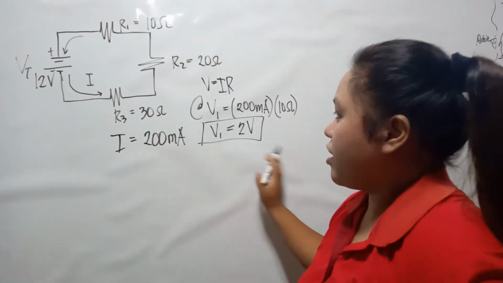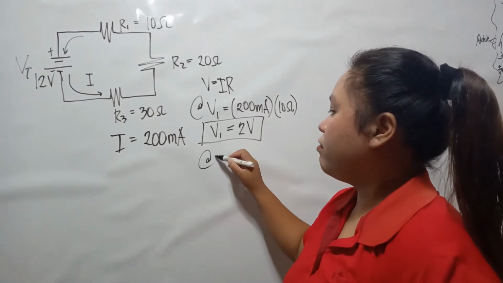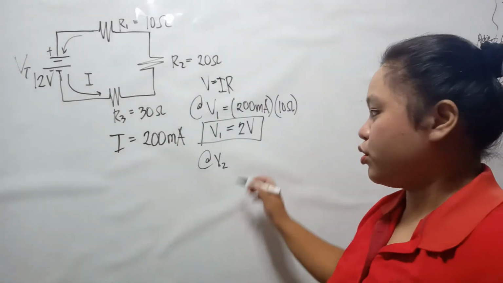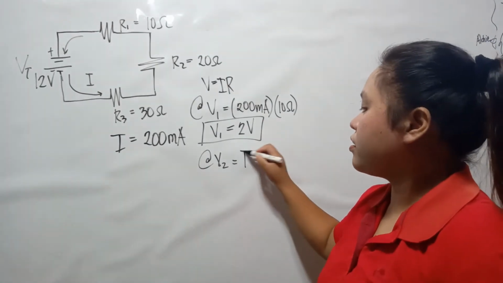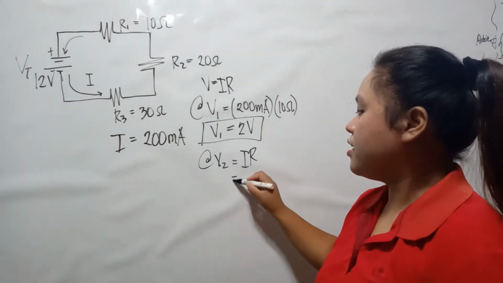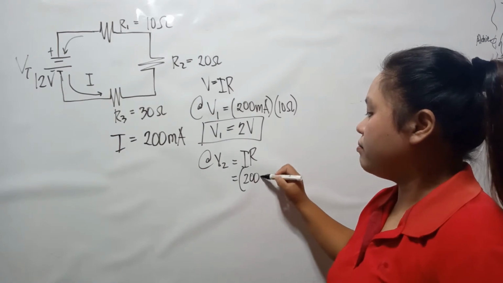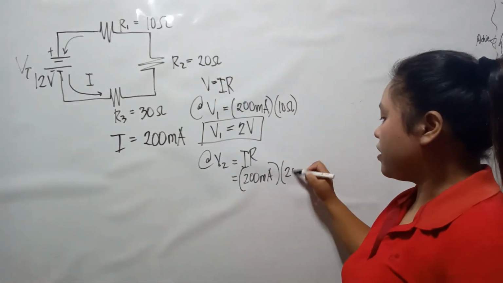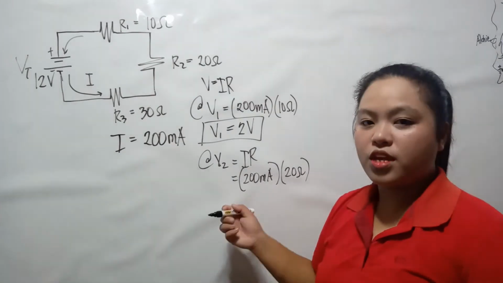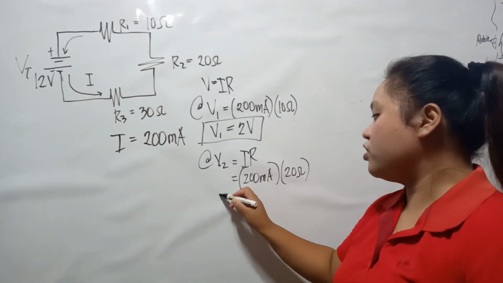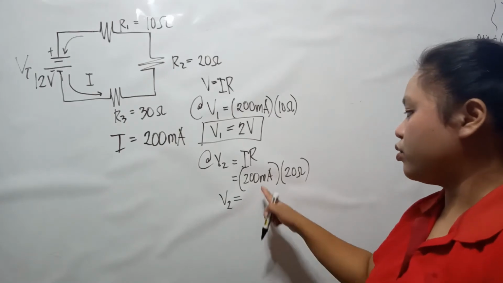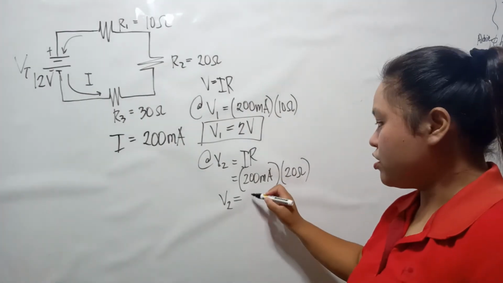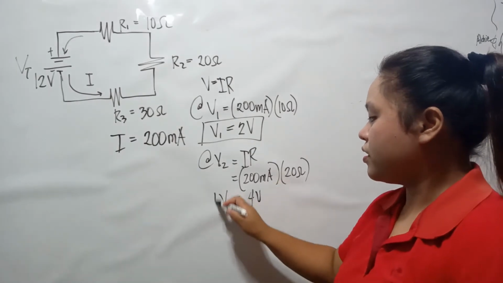Next, V2, or the voltage drop in resistor 2, is equal to current multiplied by resistance. Current is 200 milliampere and resistance is 20 ohms. So the voltage drop in resistor 2 is equal to 200 milliampere multiplied by 20 ohms, which is equal to 4 volts.